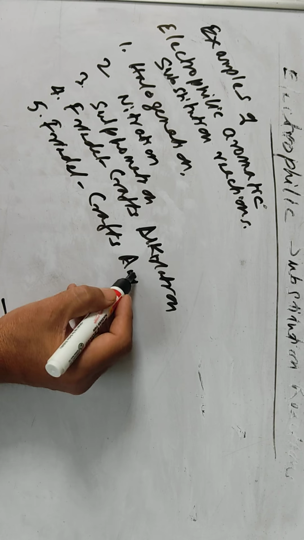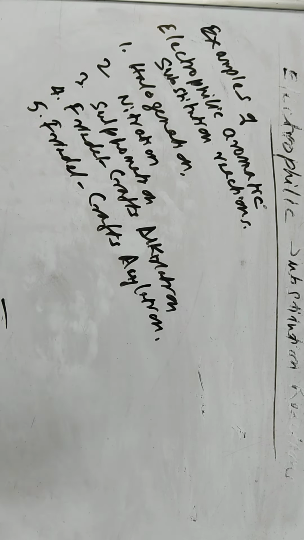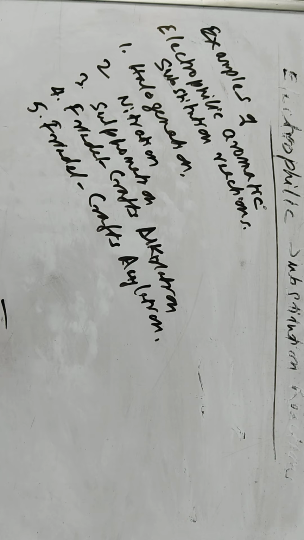So these five systems can be discussed in the case of electrophilic aromatic substitution reactions. First are halogenation, nitration, and sulfonation.